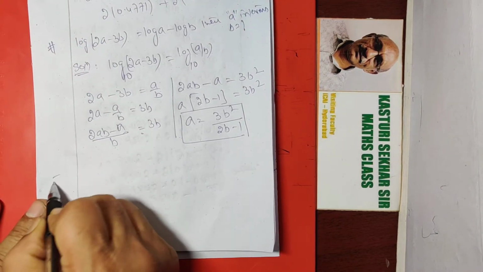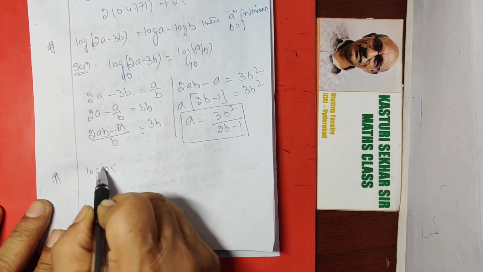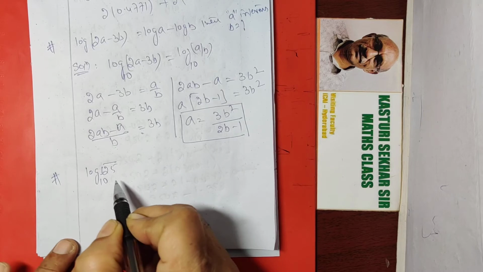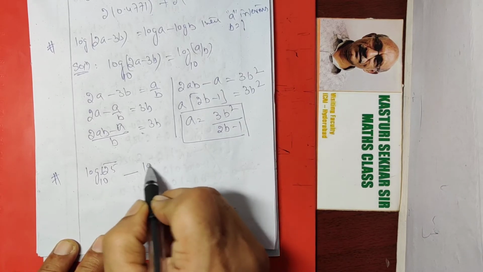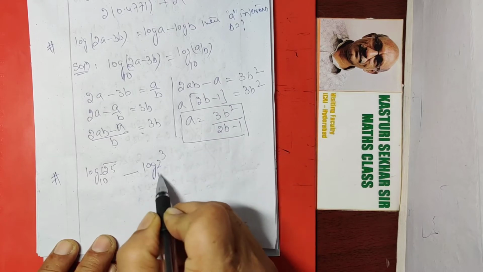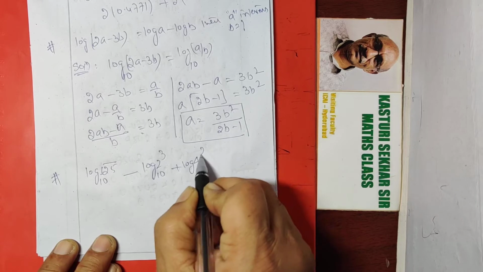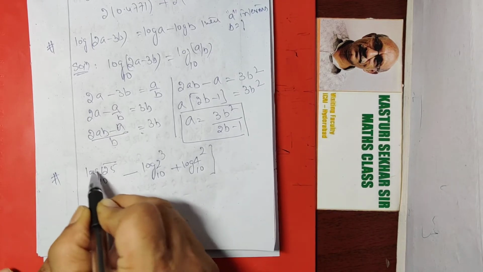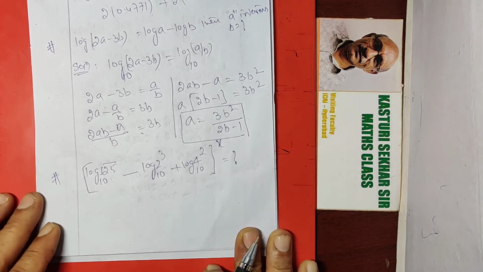Now look at the next question, sir. Log of root 25 to the base 10 minus log 2 cube to the base 10 plus log 4 square to the base 10, whole to the power of x, is equal to question mark.